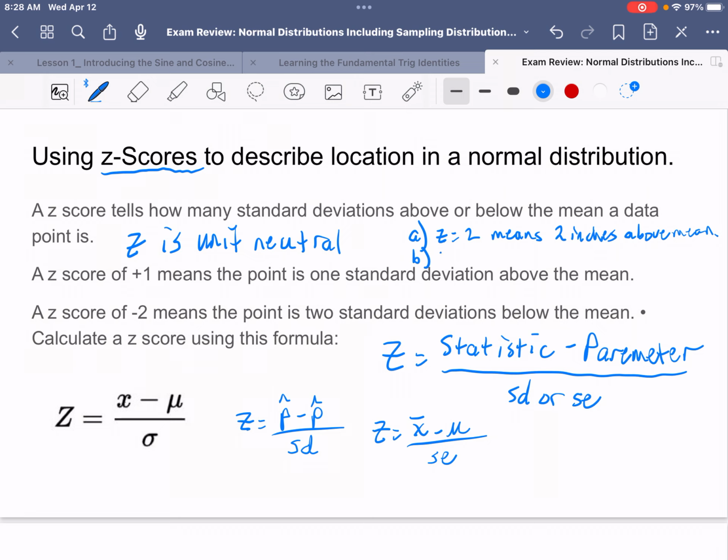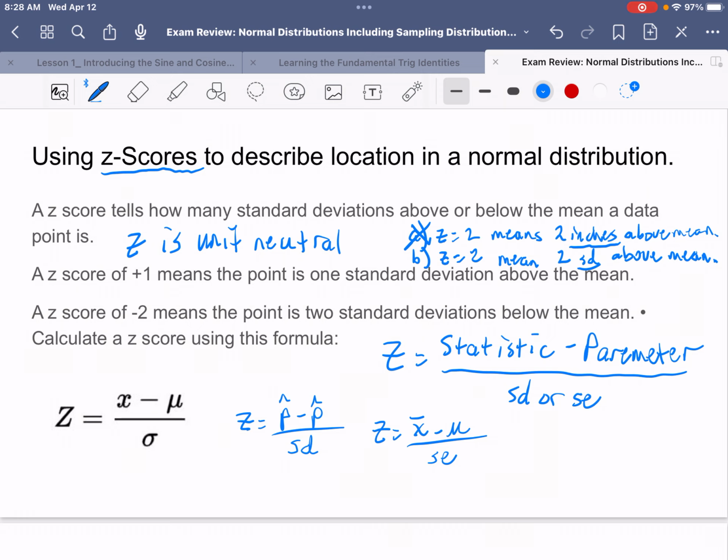And answer choice B, z equals 2, means that you are 2 standard deviations above the mean. Well, you automatically eliminate these answer choices that apply a unit to a z-score. A z-score of 2 doesn't mean 2 inches, even if the problem was given in inches. It means that you're 2 standard deviations above or below the mean. Okay, so be careful with that.